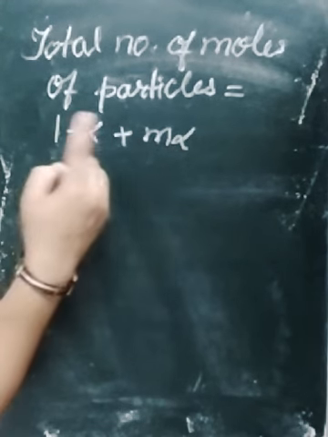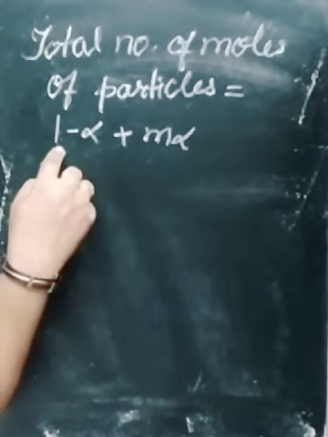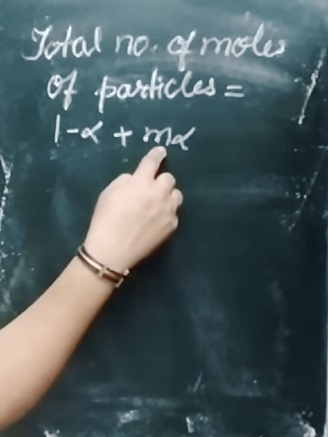So total after dissociation is 1 minus alpha plus m alpha.